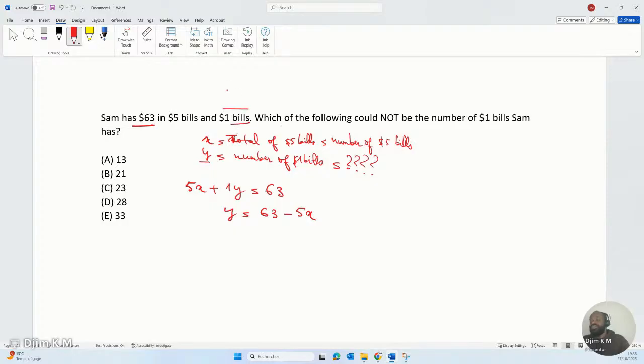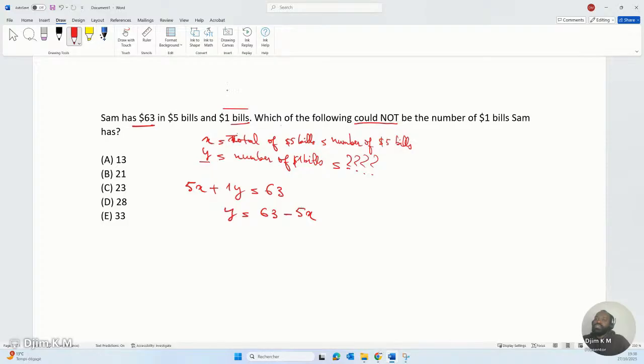The number of dollar bills must be integers because we can't have $1.5 bills, or two and a half, or $2.3 bills. It can't be. And the question is also saying which of the following could not. So we need to find a value that cannot be the value of y.